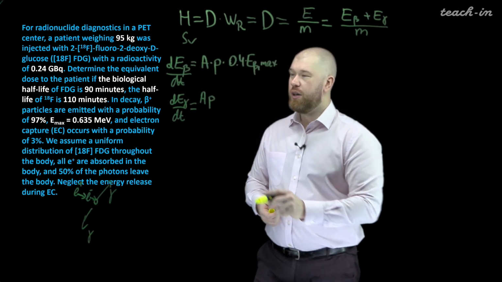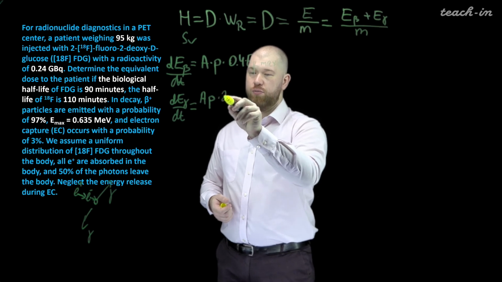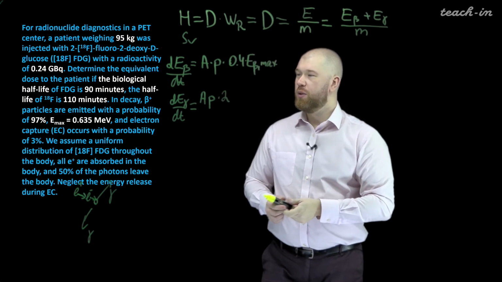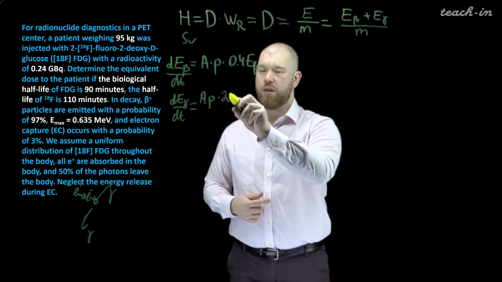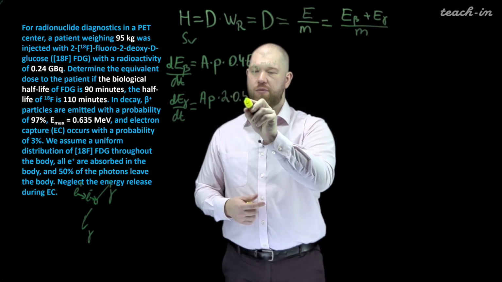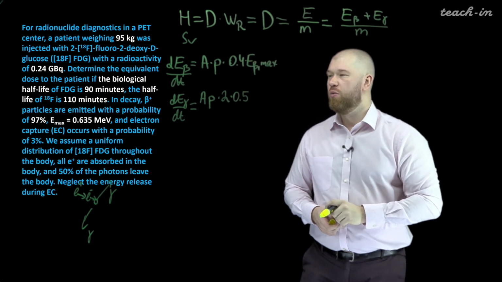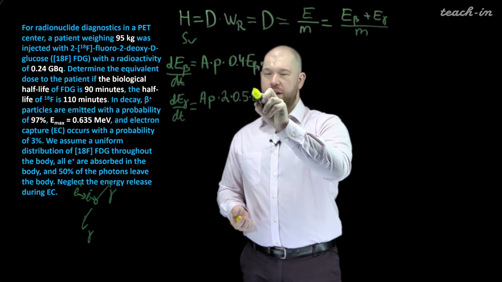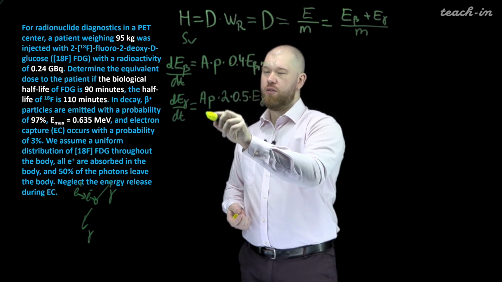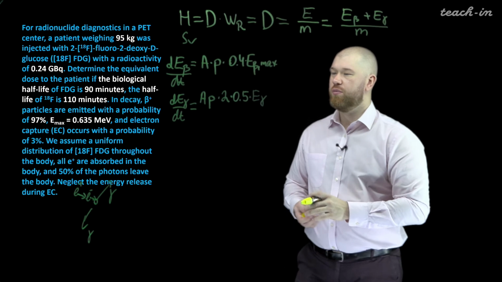And thus we have to multiply it by 2. But we know that only 50% of the photons will be absorbed by the body, so we multiply it by 0.5. And then we multiply it by the energy of the photons. So that's it.